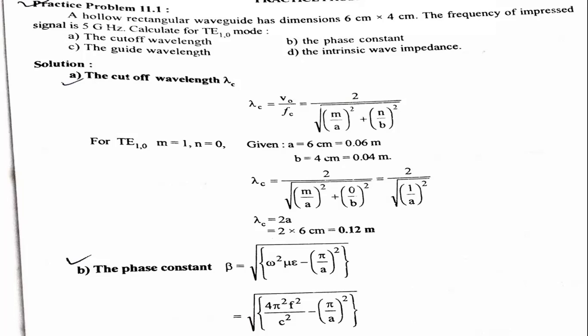Already we have discussed the theoretical part related to the TE, TM modes. Now in part A, what you need to calculate in the TE10 mode is the cutoff wavelength, the phase constant, the guide wavelength, and in part D, the intrinsic wave impedance. So these parameters you need to calculate in the waveguide.